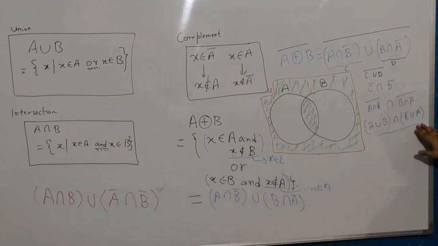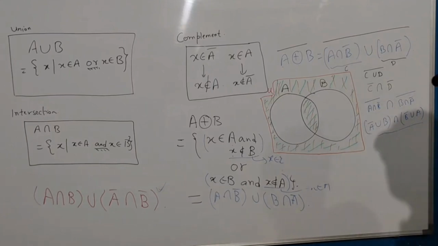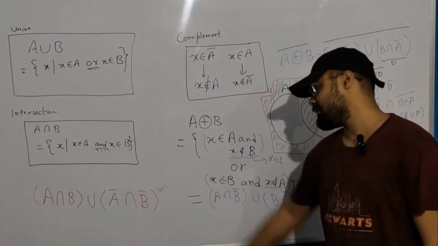So from De Morgan's law you got this, and when you look at the Venn diagram, you are getting the right result. Okay, what about this?